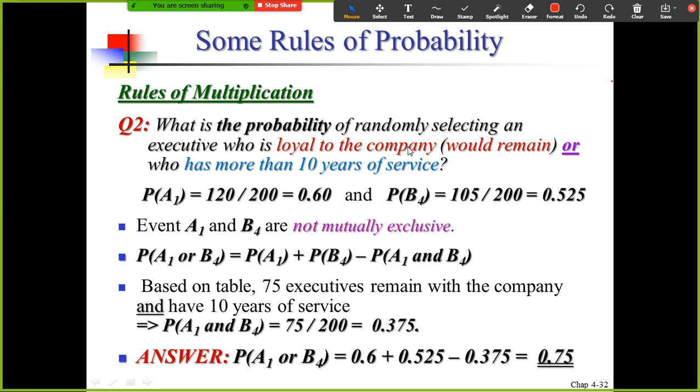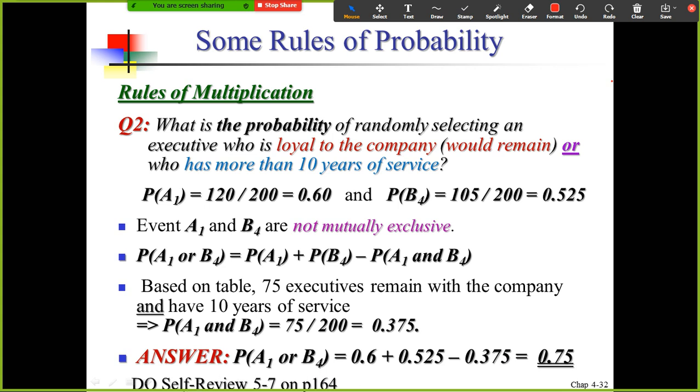But in question 2, if one event is satisfied, yes, we can find it. Say yes, okay, or work more than 10 years, okay. So this is the answer, and you can see this is different from the question number 1 answer.